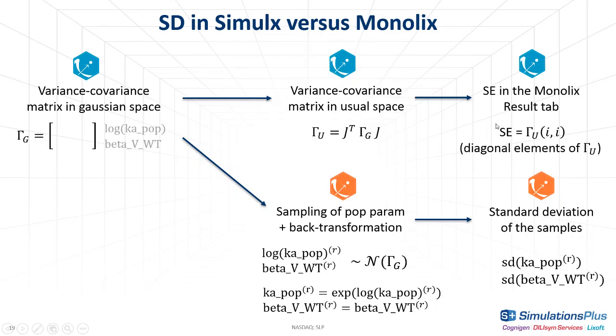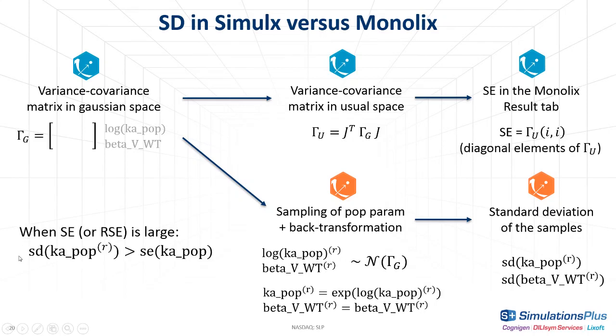And the standard error in Monolix also represents this uncertainty, but it is not calculated in the same way. When the relative standard errors are pretty large, the standard deviation of the values sampled by Simulx is often larger than the standard error shown in Monolix. This is normal, and it is because the Jacobian is just a first-order approximation.